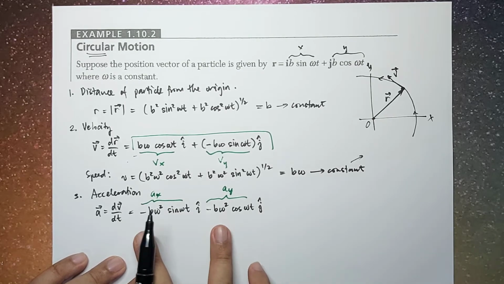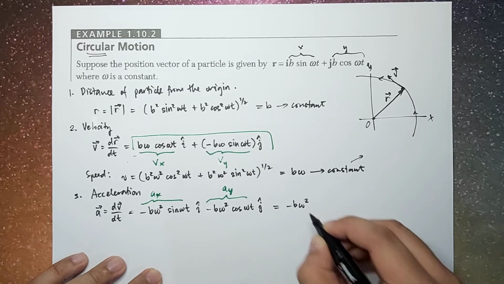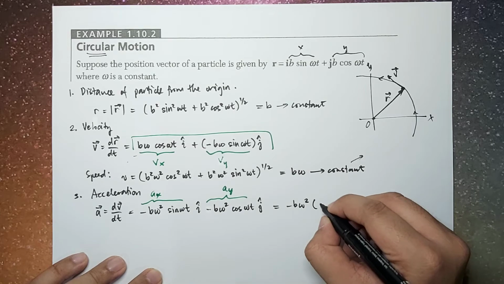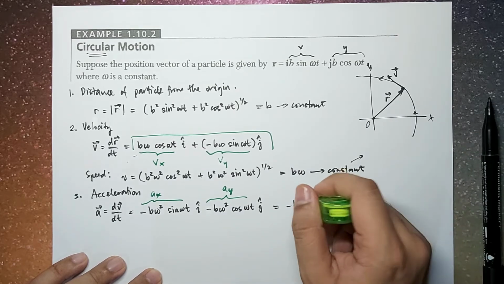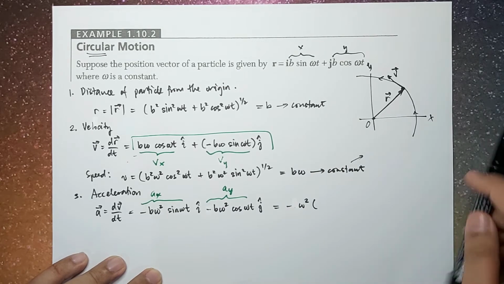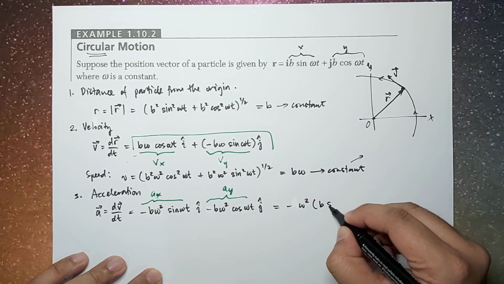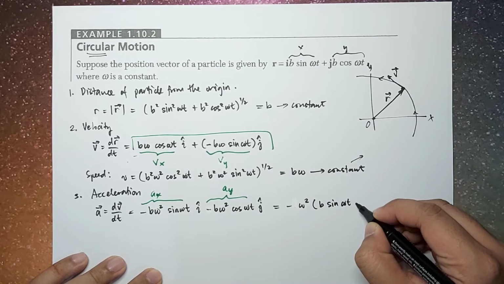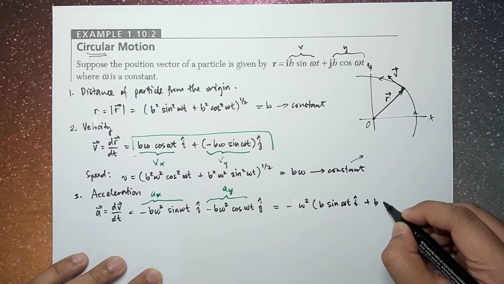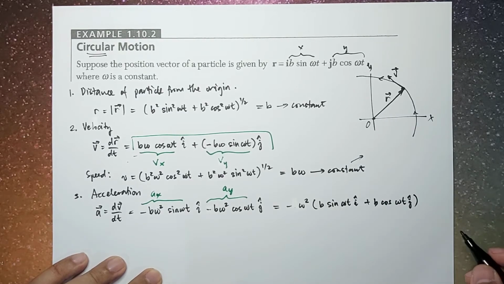Now you will notice that we can factor out negative omega squared. Inside this term we now have b sine omega t i hat plus b cosine omega t j hat.